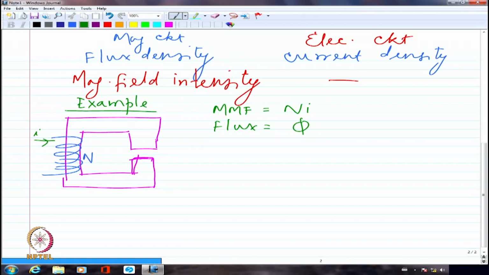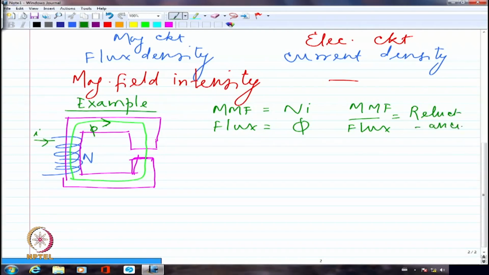So I assume that any flux line flowing through this completely confines itself to the ferromagnetic core alone, and I am going to call that phi, the flux. Now, MMF divided by flux is going to be the reluctance.